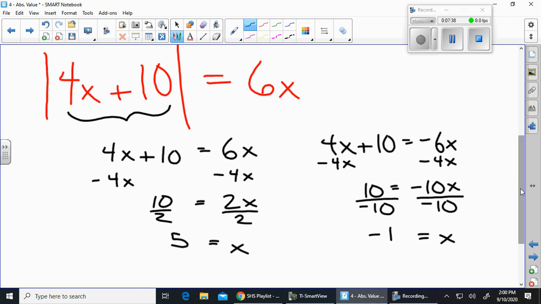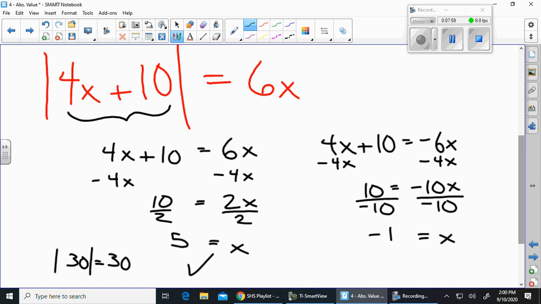4 times 5 plus 10 is 30. The other side, 6 times 5 is 30. And that would have been the absolute value on the left. The absolute value of 30 is equal to 30. Check.